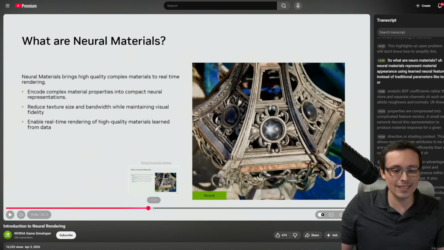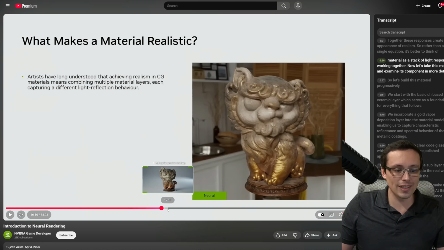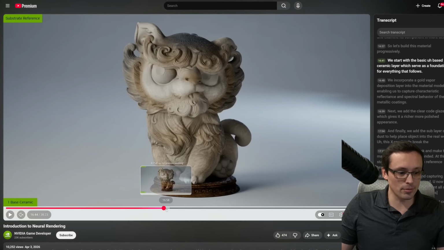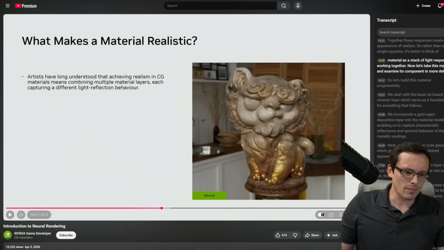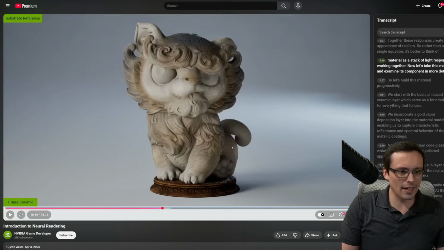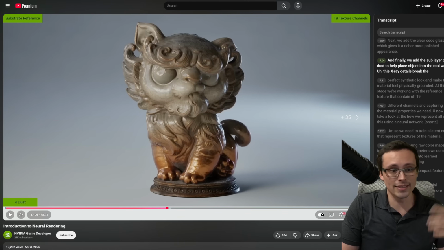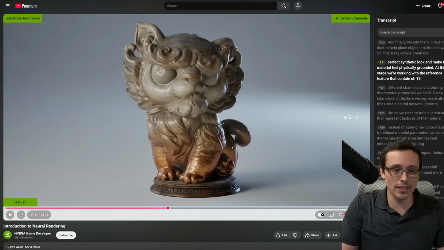Anyway, the idea is that traditionally, doing an advanced material, you do a whole bunch of layers where you're thinking about the underlying ceramic, the gold plating, then the glazing on top of that, then dust in the environment, and you get 19 different texture channels to actually get this material going.